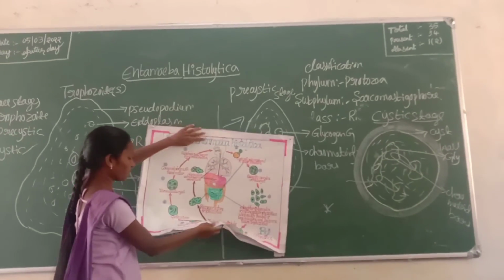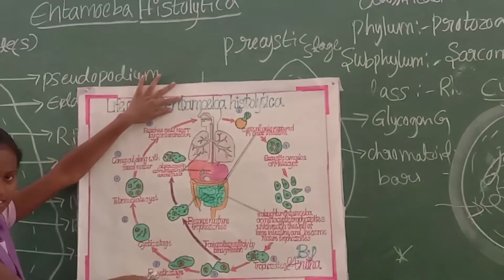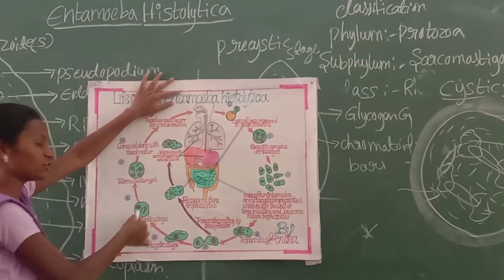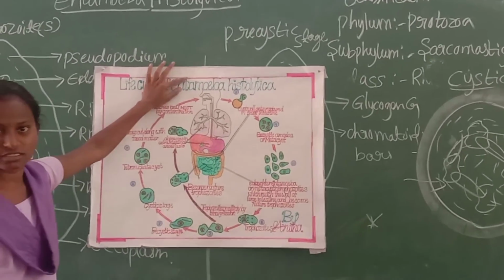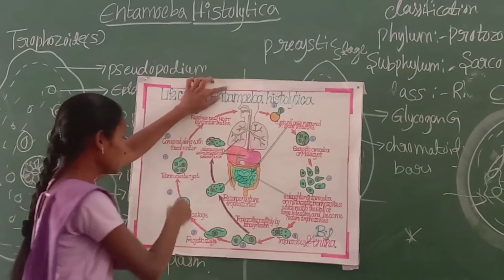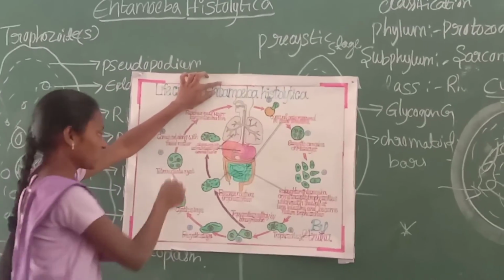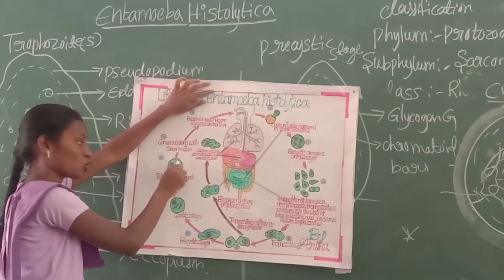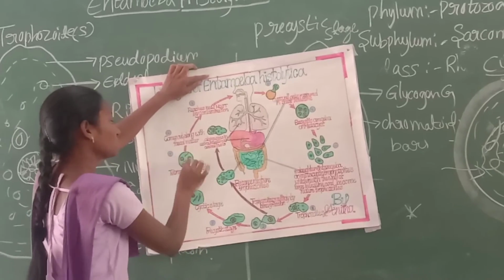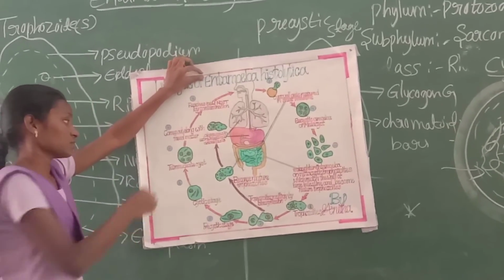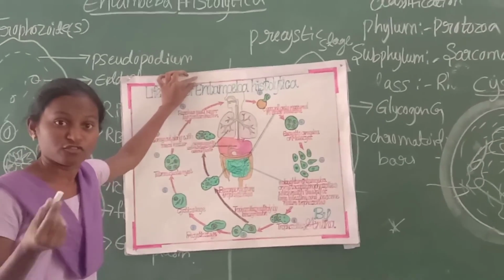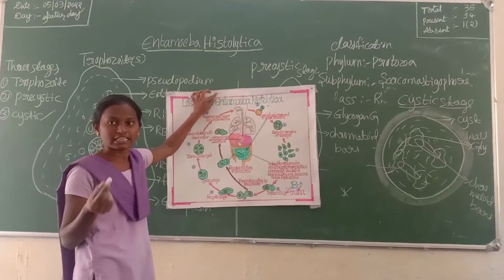Then 4 trophozoites are formed, and we call it the tetranucleate system. The chromatid bars are present in this diagram, and it comes out along with fecal matter and reaches a healthy person.